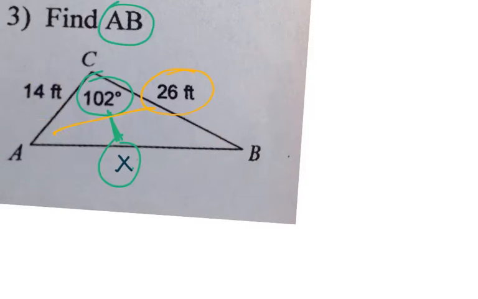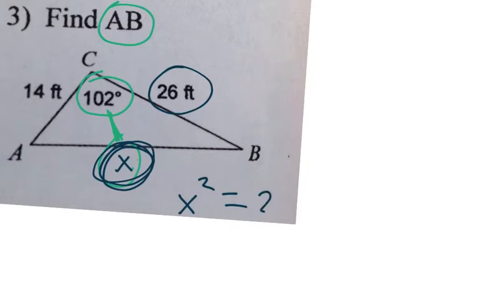Okay? Let me clean this up real quick. So what we're going to do instead, guys, is use the law of cosines. And I'm just going to put it in terms of words. You ready? Here's basically how it works. I know that the missing side x, if I square it, always equals the other side squared plus the other side squared. Notice this is like the Pythagorean theorem right now. A squared plus b squared equals c squared is basically what I got.